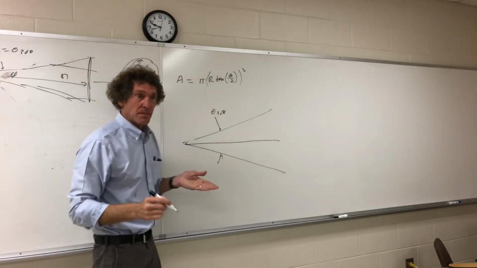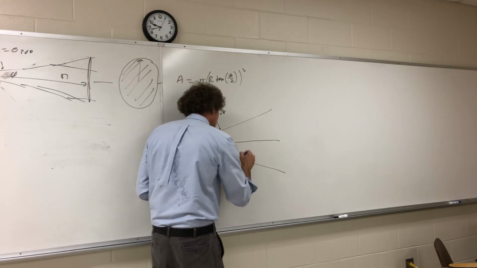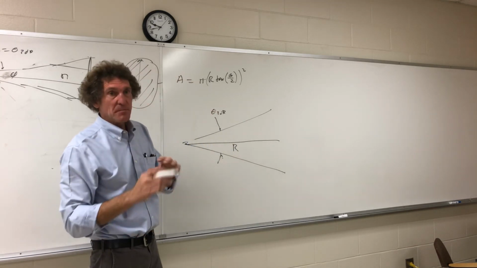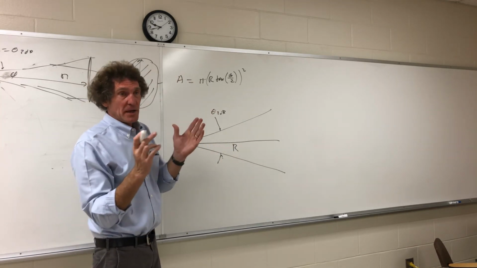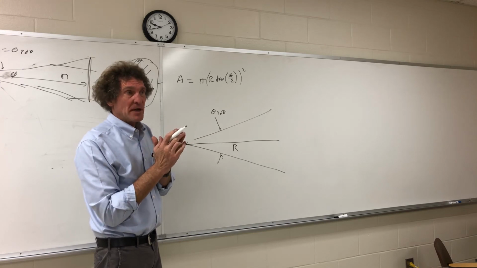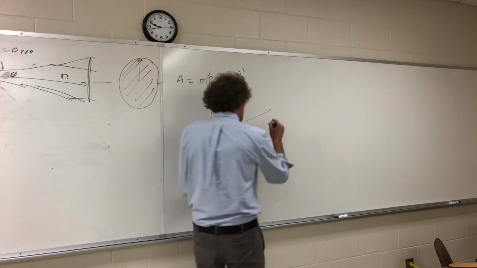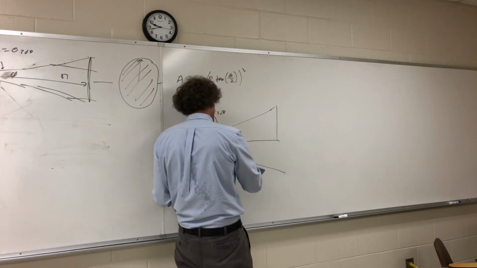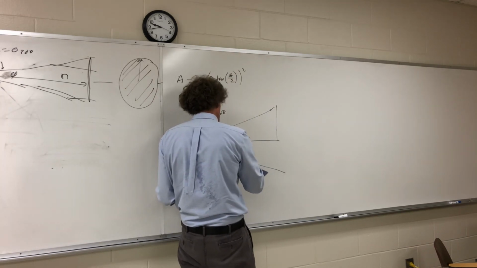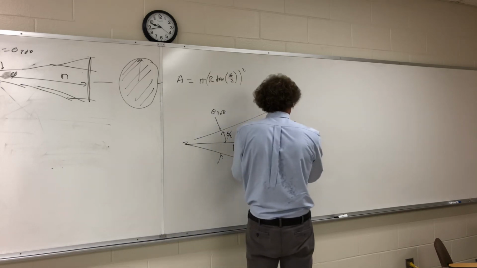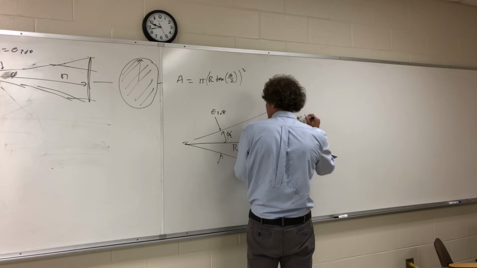everybody with that? Now, if this is R, right here, and we're assuming beam width in both planes, both vertical and horizontal, or azimuth and elevation, is the same, then this height would be R times the tangent of theta over 2, or phi over 2.